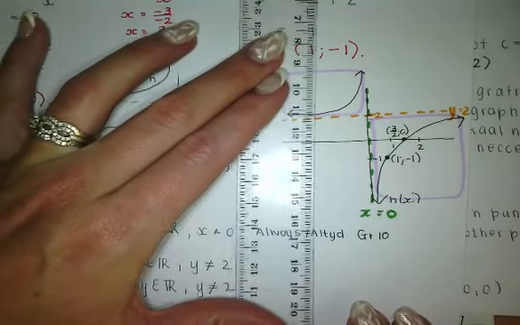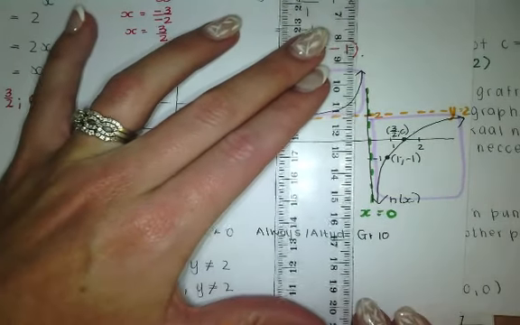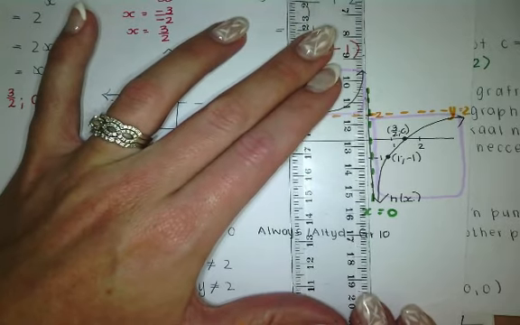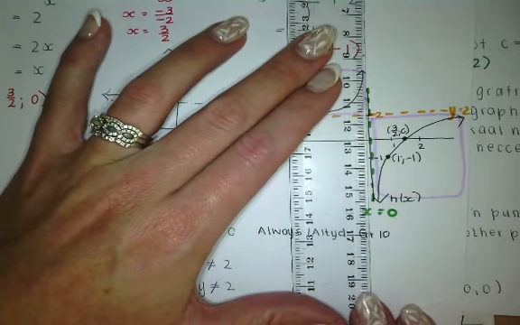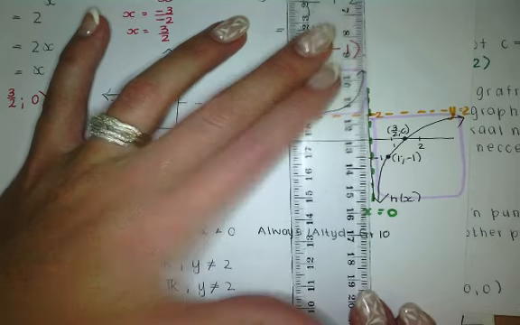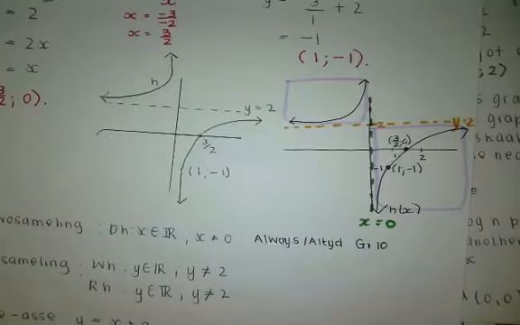Remember, use your ruler. The graph goes along the x-axis, and when the graph gets to where x equals 0, does it cross? So do you agree that my domain for a hyperbola is x is an element of real numbers, but it can't equal 0?